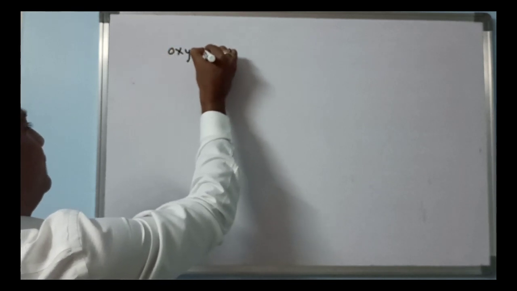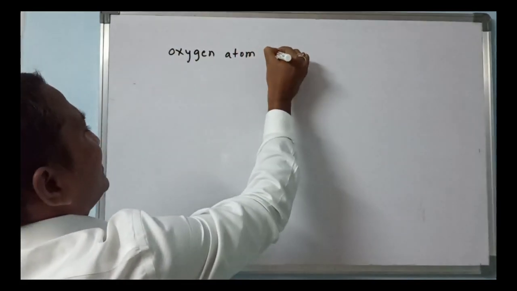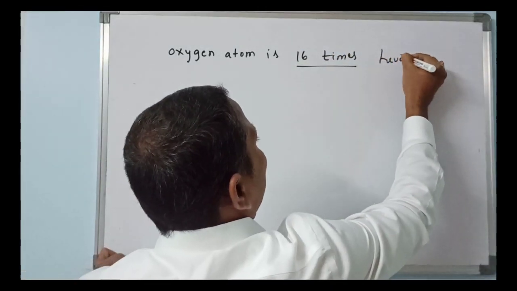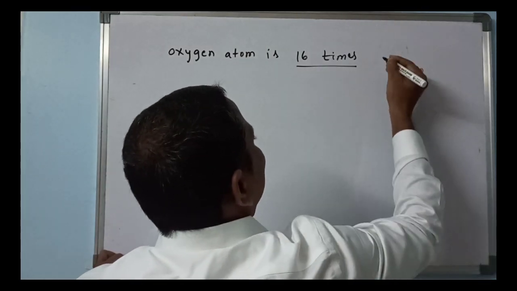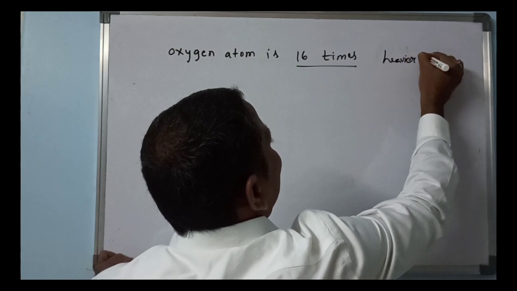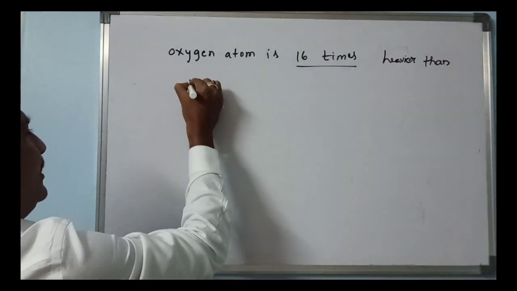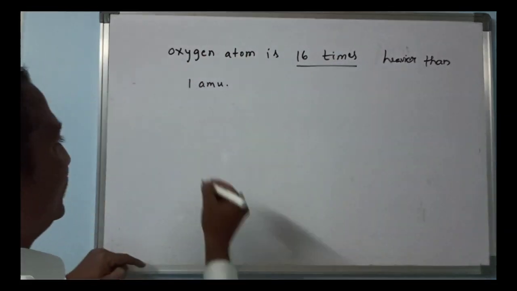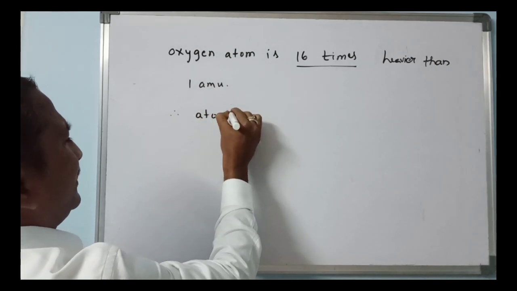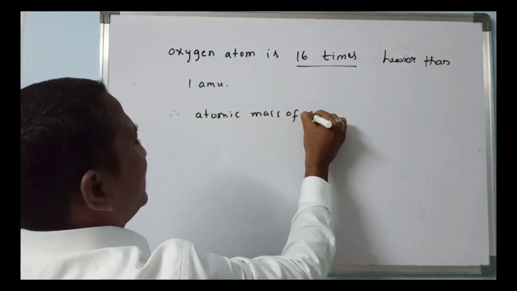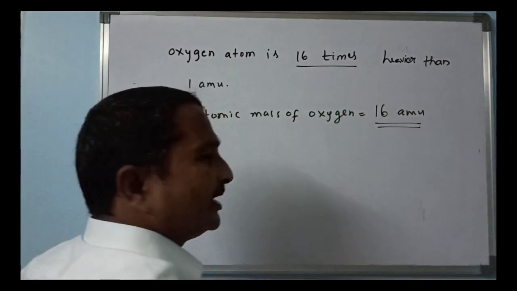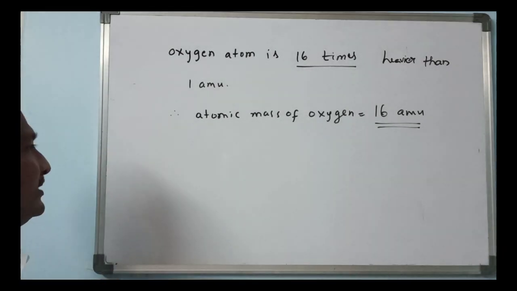Oxygen atom is 16 times heavier than 1 AMU. See, oxygen atom is 16 times heavier than 1 AMU. Therefore, atomic mass of oxygen is equal to 16 AMU. Clear all of you? 16 AMU. Similarly, take another example. Sodium.